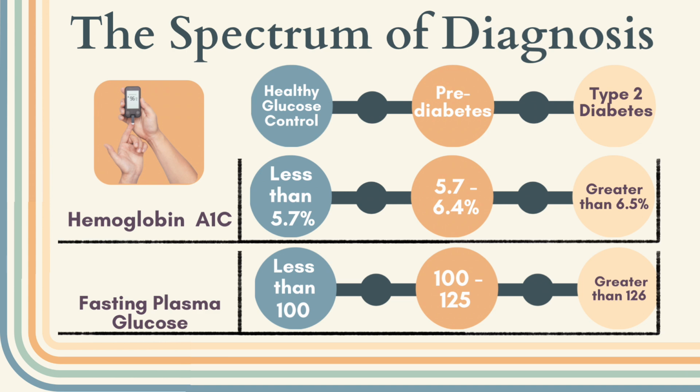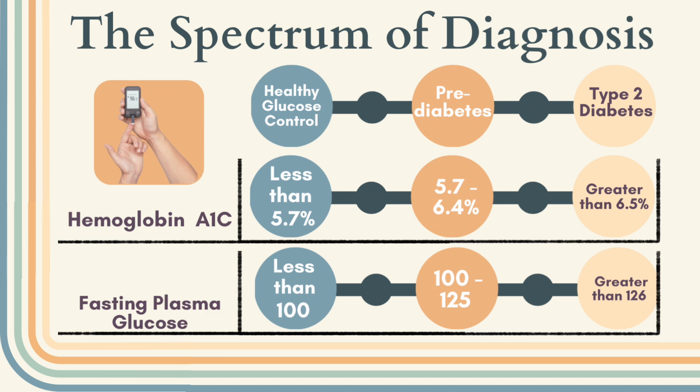When you get your lab work, sometimes it's all very confusing because there are so many numbers. When you're looking for your A1C, just make sure you're looking for the words hemoglobin A1C. That's how it's going to be found on your paperwork. And when you're looking for your fasting plasma glucose, look for the lab called your comprehensive metabolic panel.